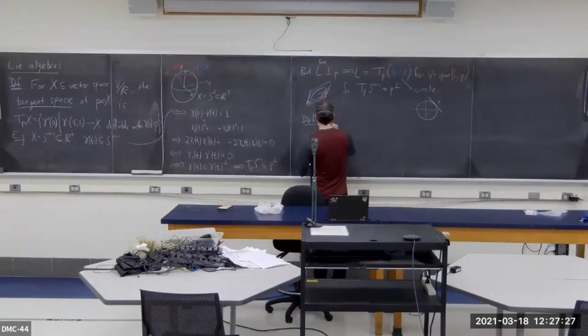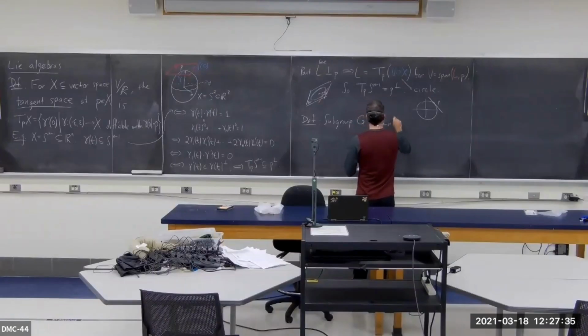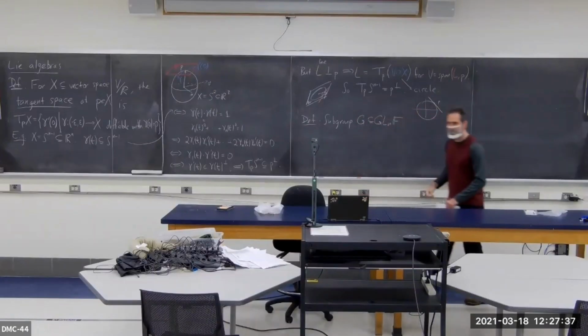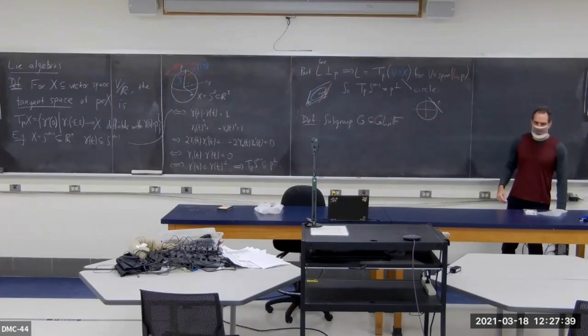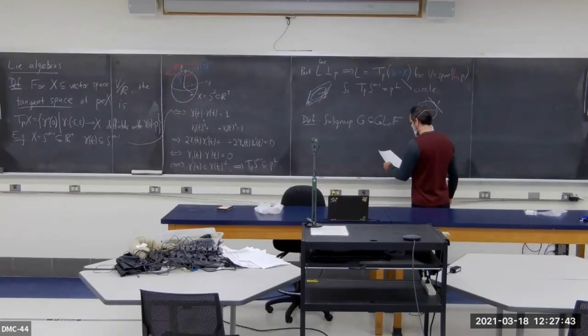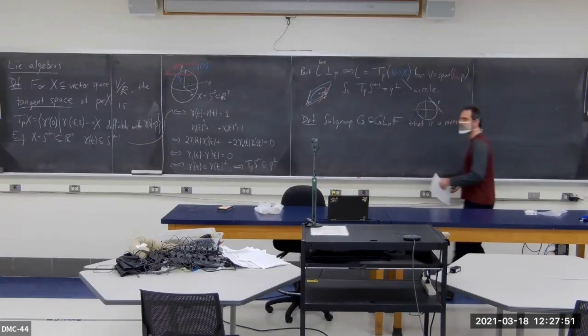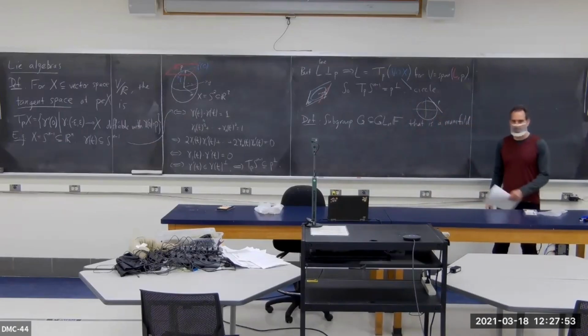Okay, so a subgroup G contained in GL_n of F, and this boldface F, remember, means that it's the reals or the complexes. So we're talking about real or complex things now. That is a manifold. So you've got a subgroup that's also a manifold.